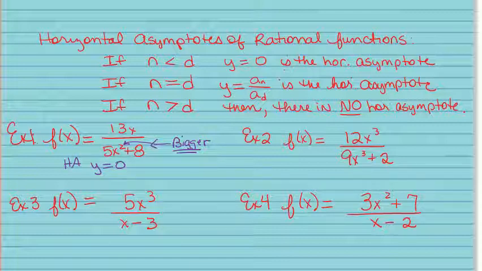Example 2, the degrees are the same. So we're going to look at the coefficients. So the coefficients are 12 over 9. This is a fraction that can be reduced, so let's do that. And that's going to give me 4 over 3. So the horizontal asymptote is y equals 4 over 3.